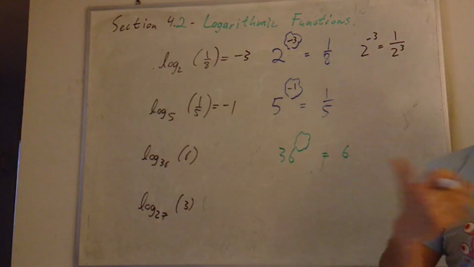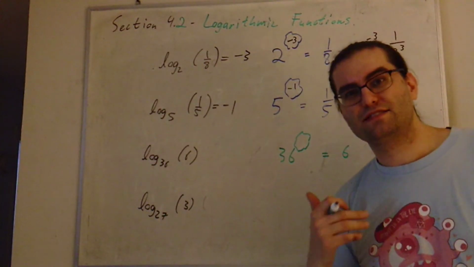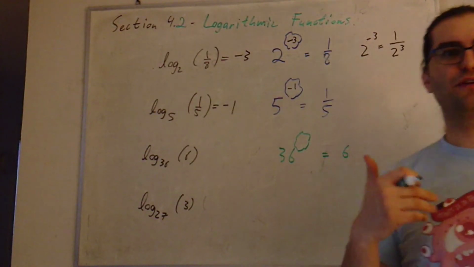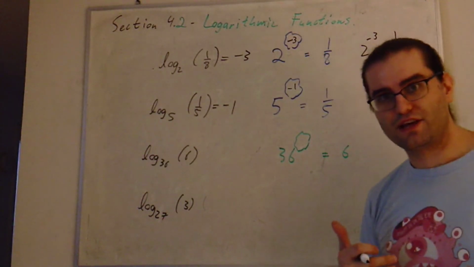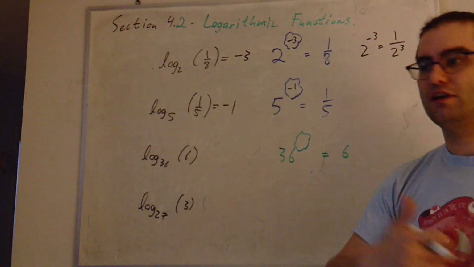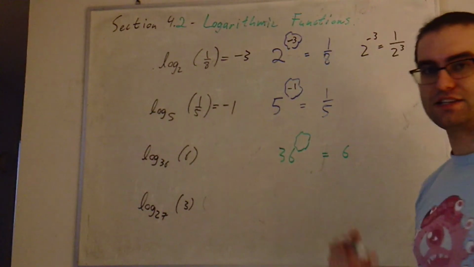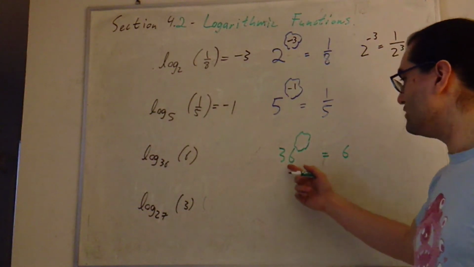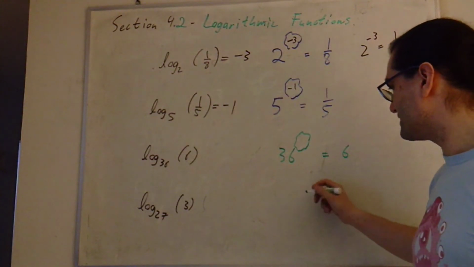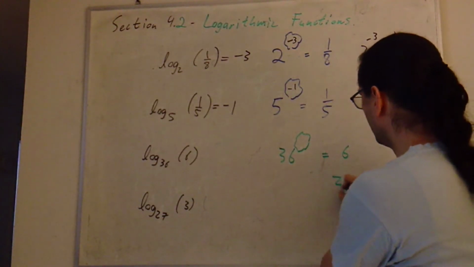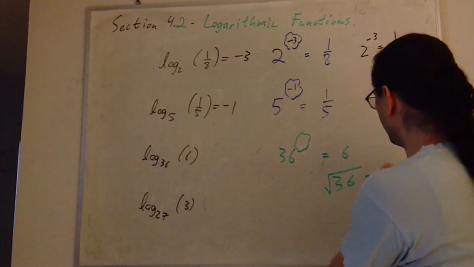But we can't use multiplication here. It has to be an exponent. It has to be something we can do to the number 36 as an exponent that will yield the number 6 as output. And the thing that you can do to 36 to give you a 6 is take the square root. The square root of 36 is 6.